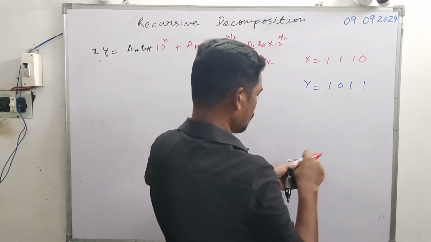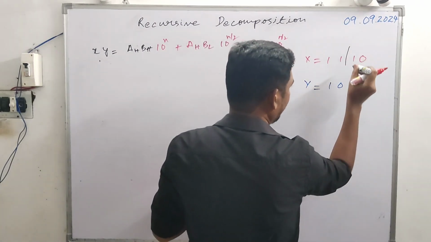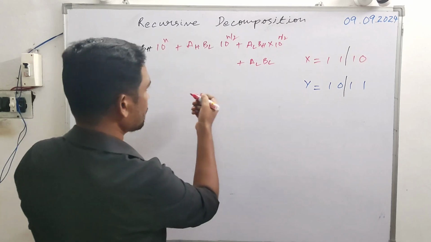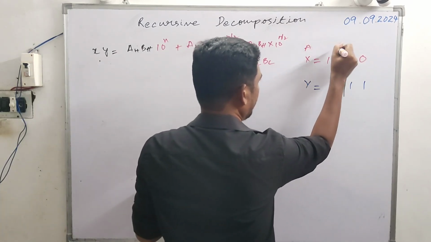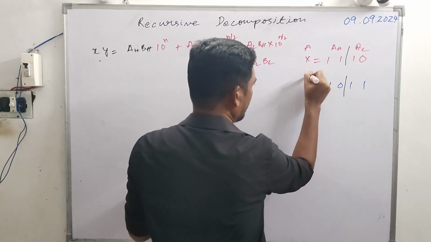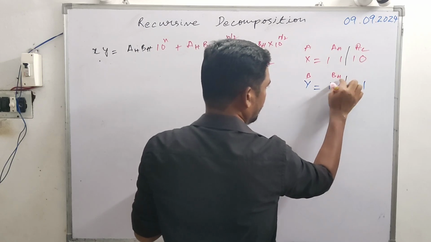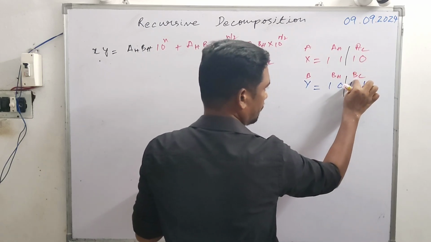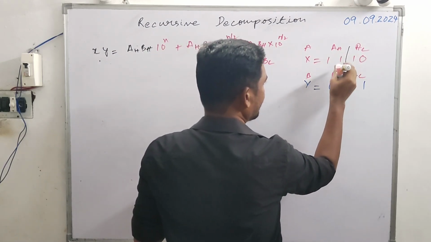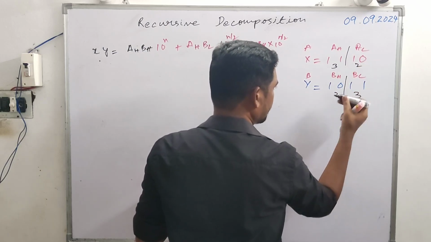Now they decomposed into two separate halves, dividing and conquering. Let's give the same notations: if it is A, we'll have AH and AL. If this is B, this will be BH higher order and BL lower order. Binary 1 1 is 3, and 1 0 is 2.